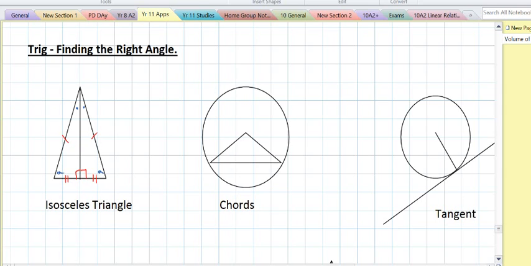Now, the next shape across is titled a chord. A chord is actually this line going across a circle.